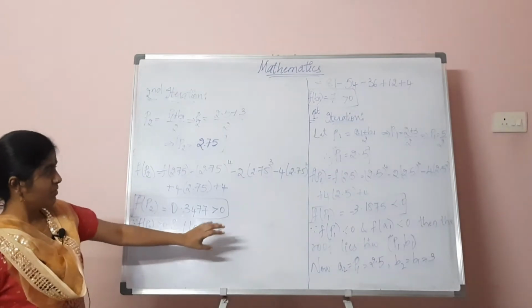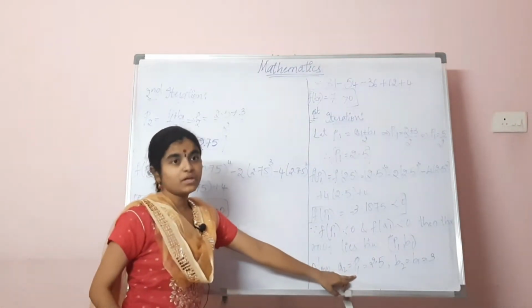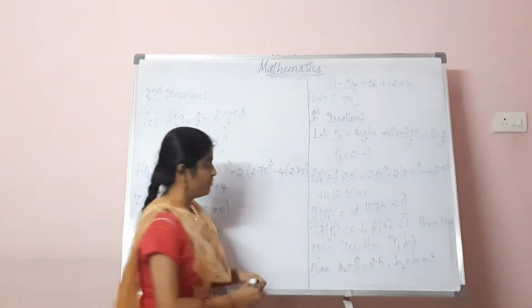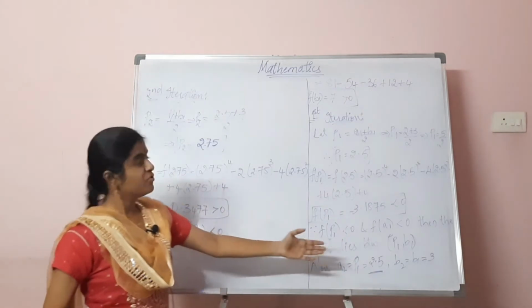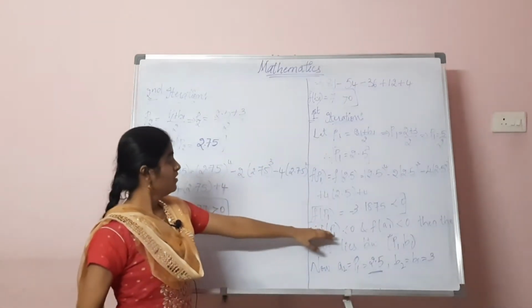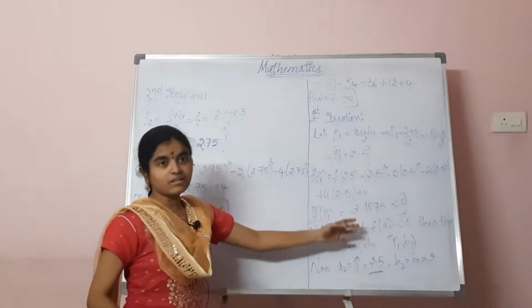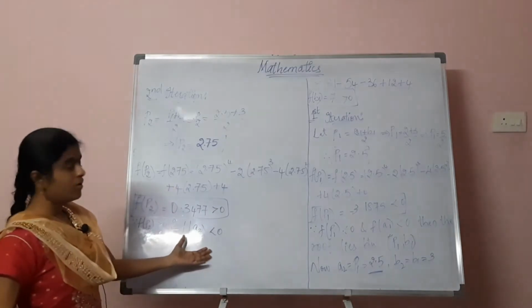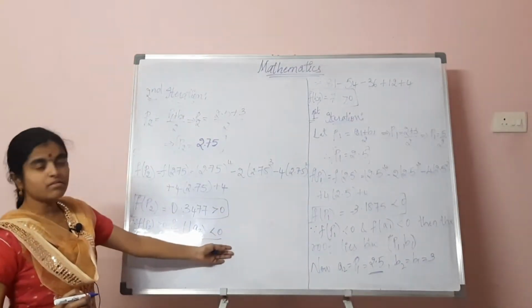How we are getting this? A2 is P1, P1 means 2.5. We have already substituted this 2.5 in the form of F of P1. That value we got in negative form. So that is less than 0. So we have to take F of A2 less than 0.